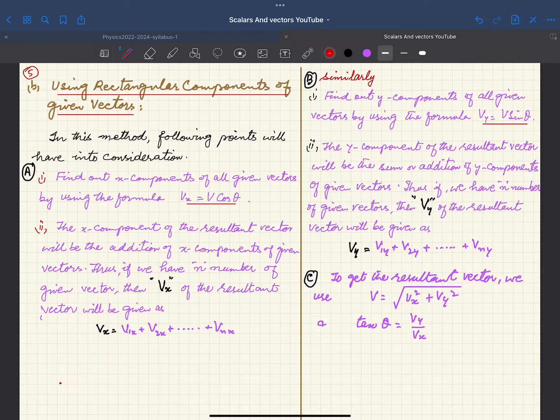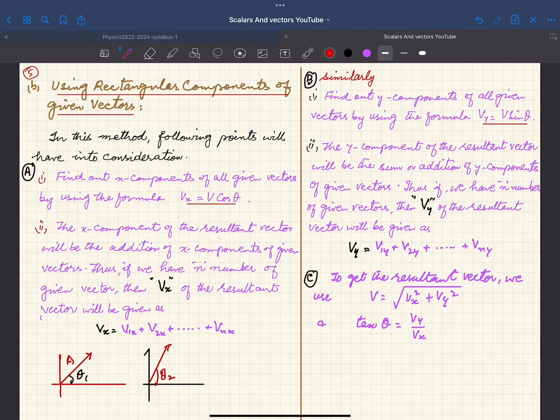Here you have one vector, say vector A, which is making an angle, this is your theta 1 for vector A. Then here you have another vector, say vector B, and vector B is making another angle, which is say theta 2.